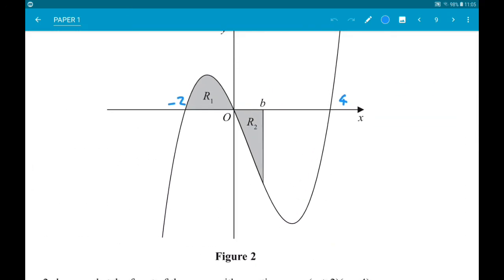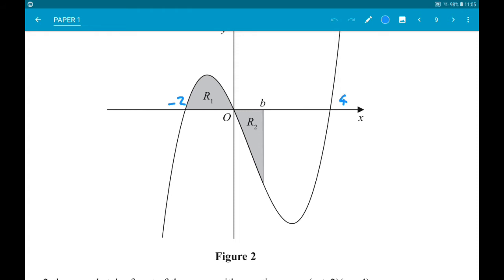there is R1 and R2. Now we know the area of R1 is 20 thirds. So that means the area of R2 is 20 thirds. Now, because R2 is below the x-axis, when we integrate between 0 and b, we will actually get minus 20 thirds.